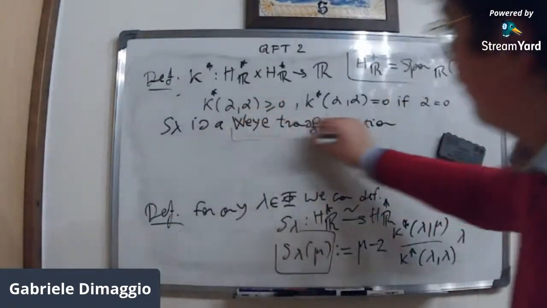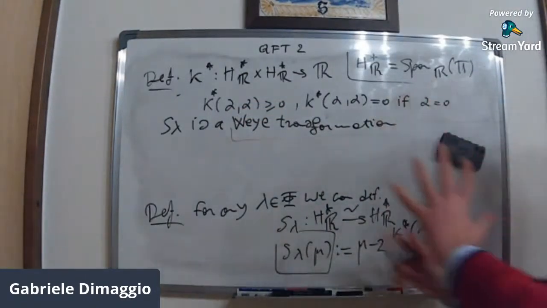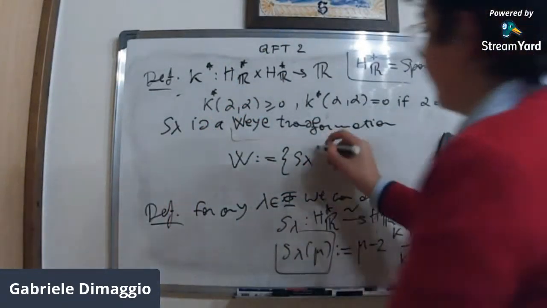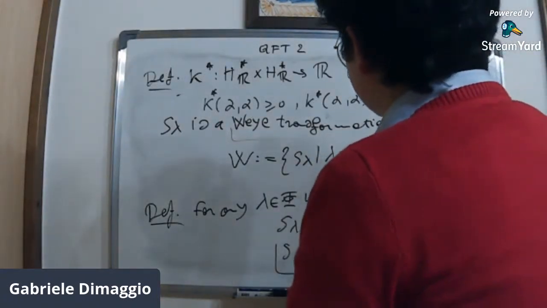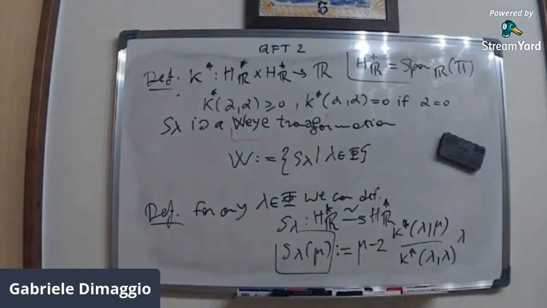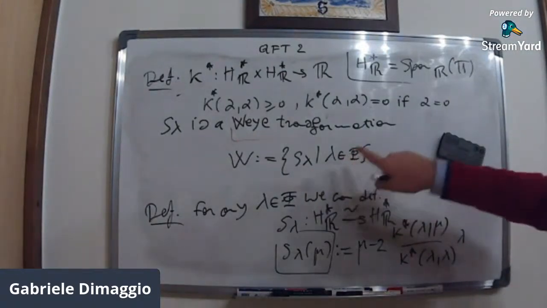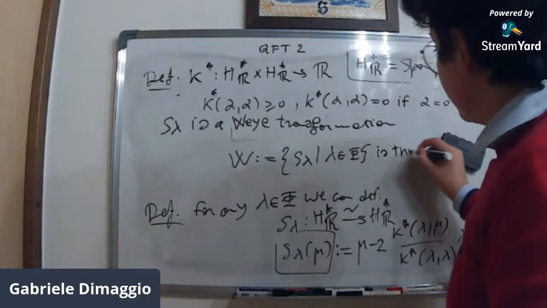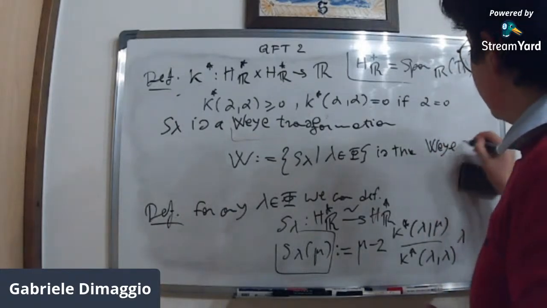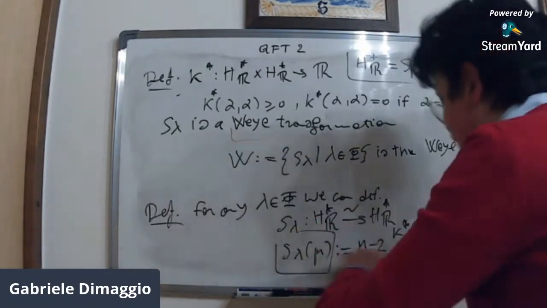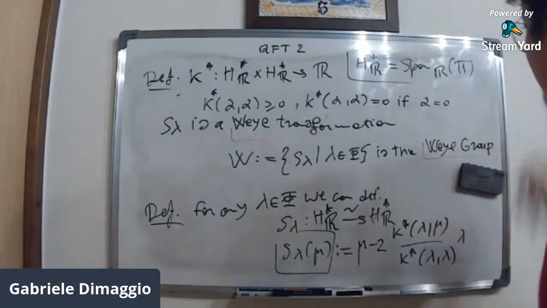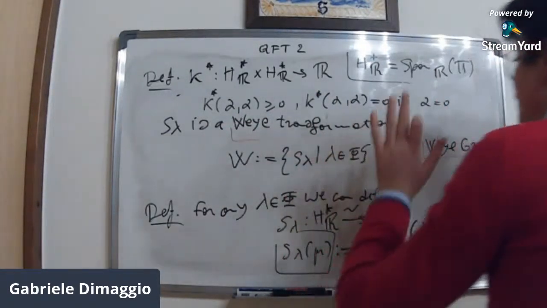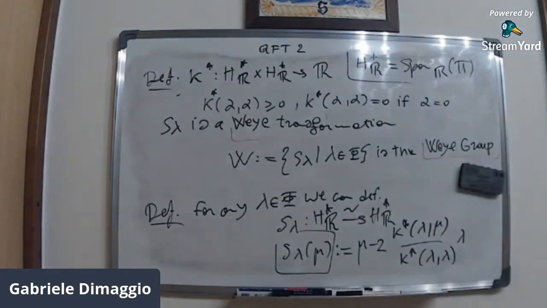This is the name of the function, and the set of all S lambda, with lambda that lies within the family of all roots phi, is called the Weyl group. So the Weyl group is an example of a group, and is the group of all S lambda with lambda in the set of all roots phi.